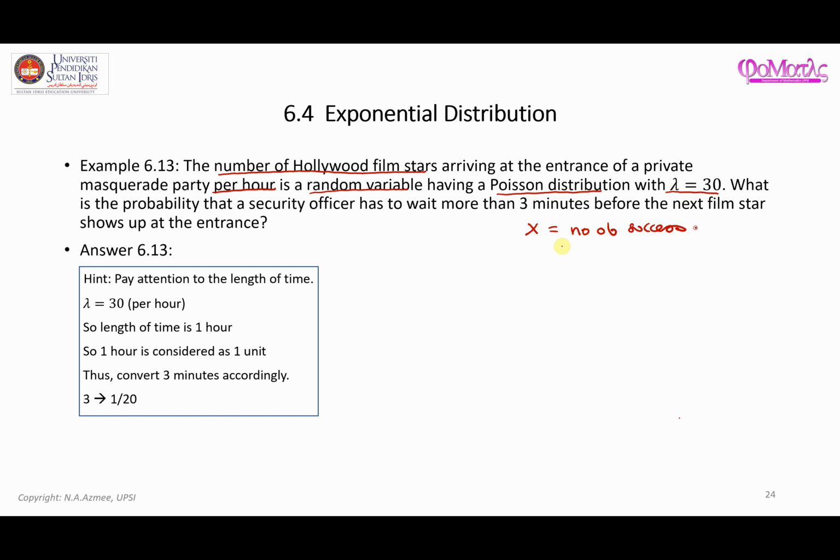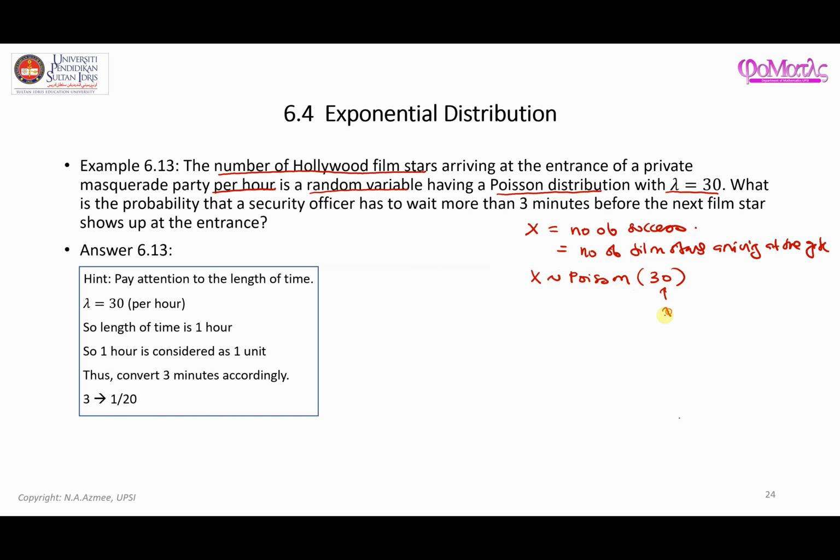The number of successes is the number of film stars arriving at the entrance or gate of a private masquerade party. And x here has a Poisson distribution. We can write in this notation, x is a random variable having a Poisson distribution with lambda equals 30.